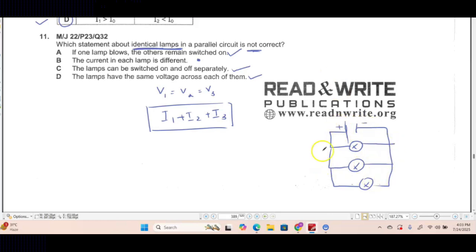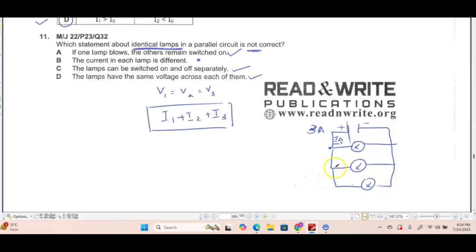ठीक है? So what we know is that if a, let's make it 3 ampere current has started from here. So when it reaches this point, 1 ampere is going to go in this lamp. When it reaches over here, 1 ampere is going to go in this lamp, and when it reaches over here, the rest of 1 ampere is going to go in this lamp. ठीक है?